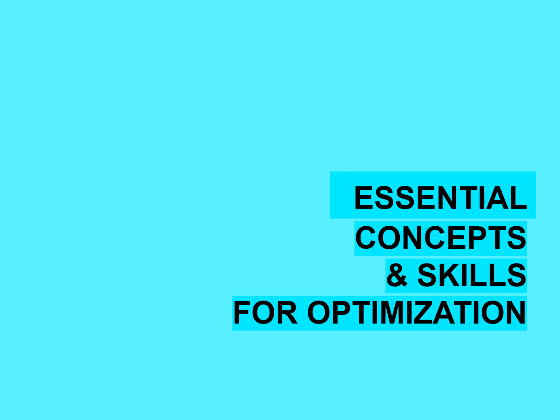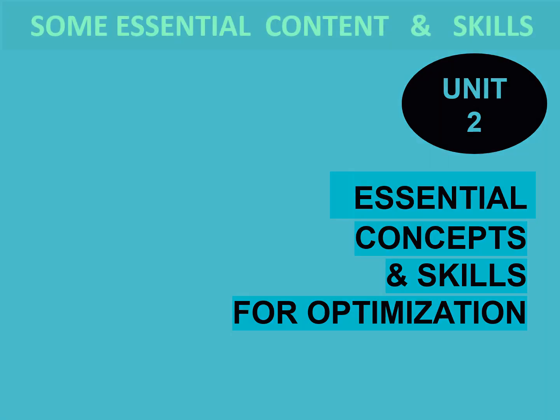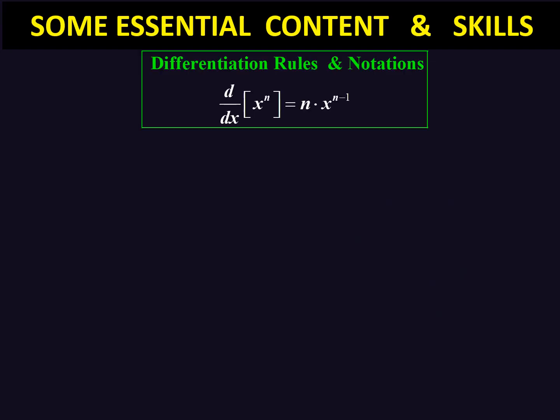But before we can actually do these optimization problems, it's necessary for you to know that there are certain basic things or concepts that you require. The most essential and primary skill that you're going to need is your differentiation rules and the different notations that we use.